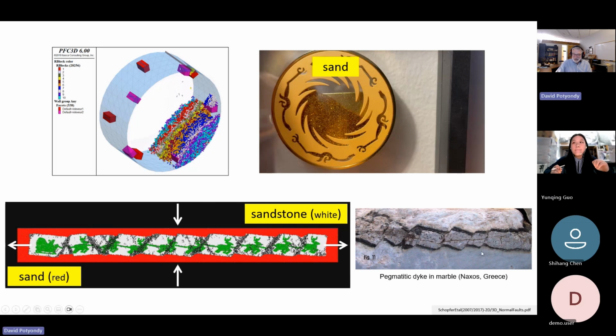This is an example of something in Greece where you see a system that looks very similar to what's produced by the model. And this was actually an example from a fellow named Martin Schopfer, who is a structural geologist who has done extensive scientific use of PFC in the field of structural geology.